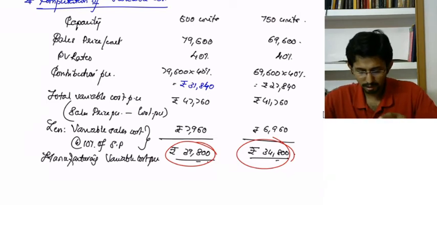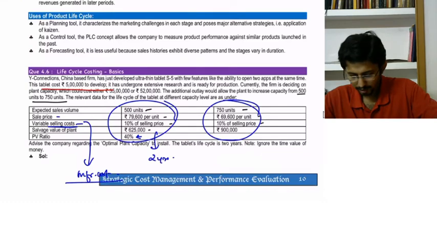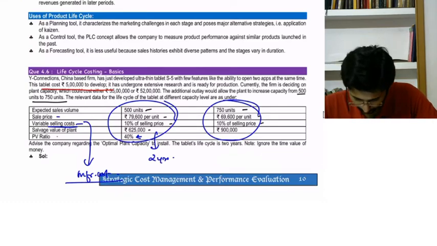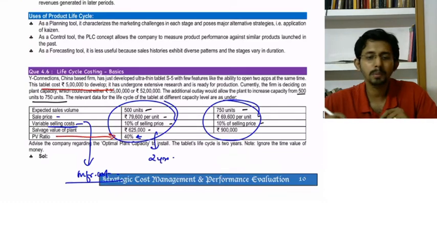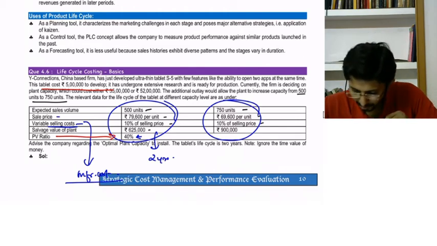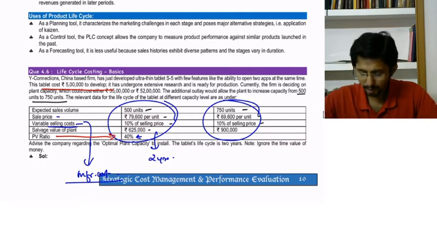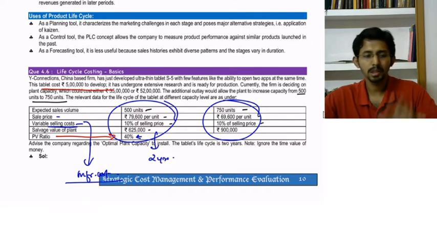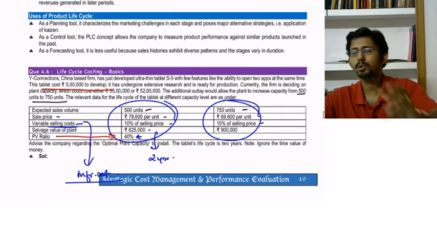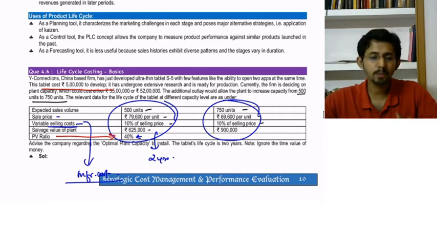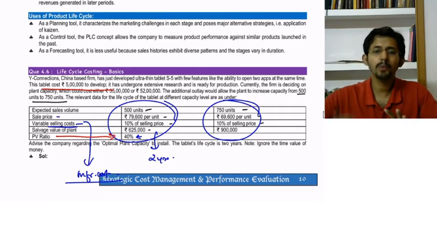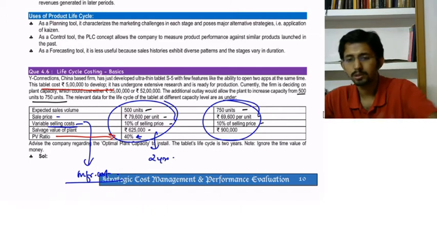It was so because there was information here. The PV ratio was given to be 40%. And if you see the manner in which it is given, we can infer that this PV ratio is the same for both the tablets produced. Whether you have a capacity of 500 units or 750 units, your PV ratio is not going to change, which means your variable cost ratio will also not change.